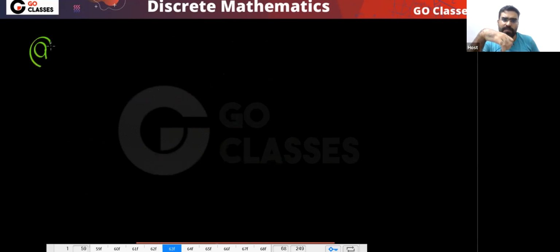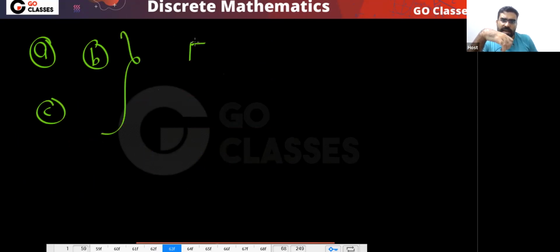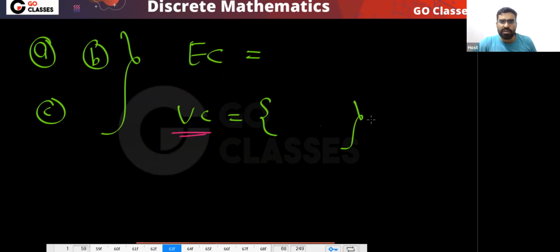If you have A, B, C, now tell me for this graph the edge cover and vertex cover. Think about it. Vertex cover means how many security guards you need to cover all the edges. No security guard needed, so beta will be 0. But edge cover does not exist, because edge cover means edges which will cover all the vertices.